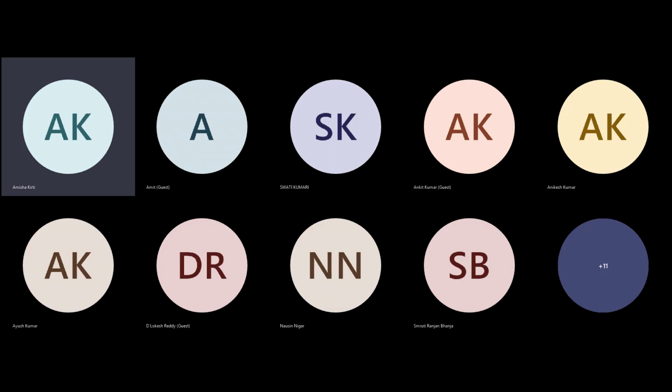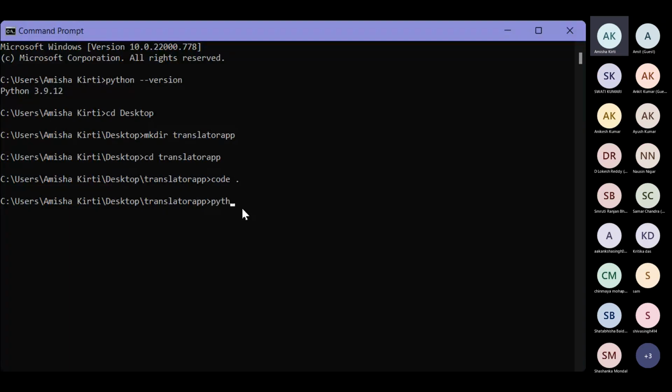The command is python -m venv venv, and venv is the short form for virtual environment. It will take a few minutes, and after the virtual environment is created, we will change to that directory.